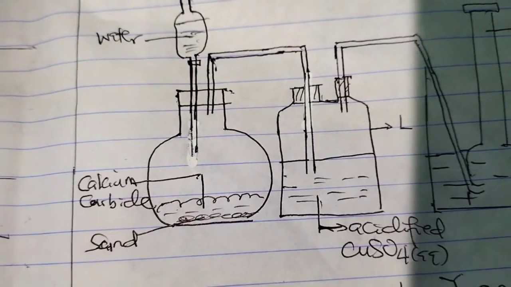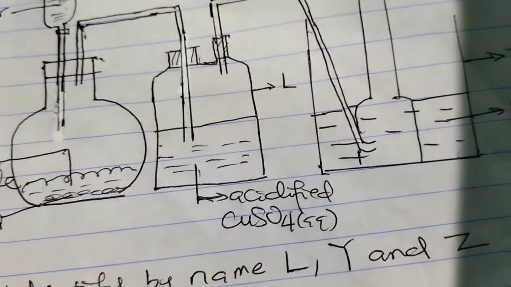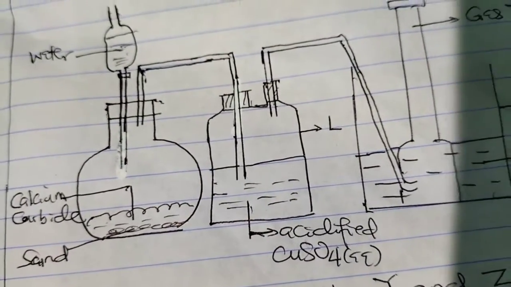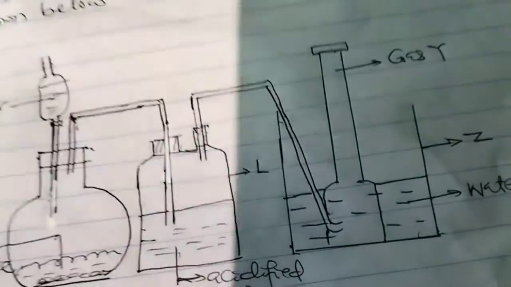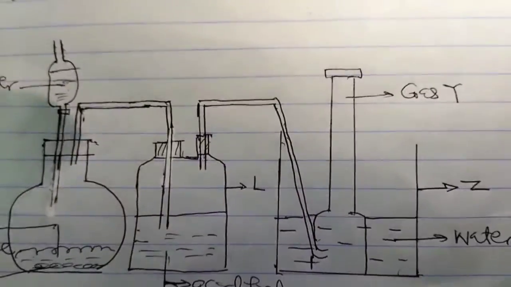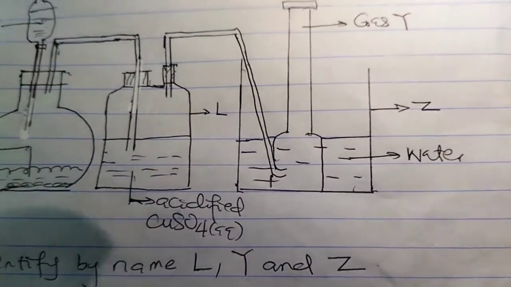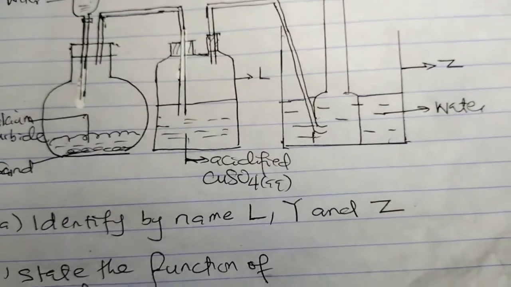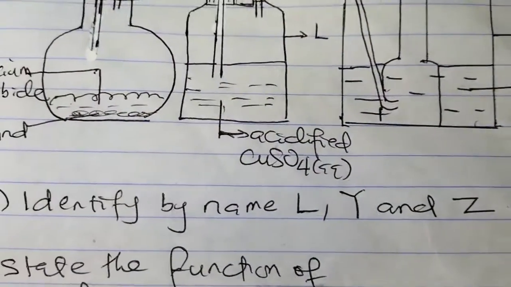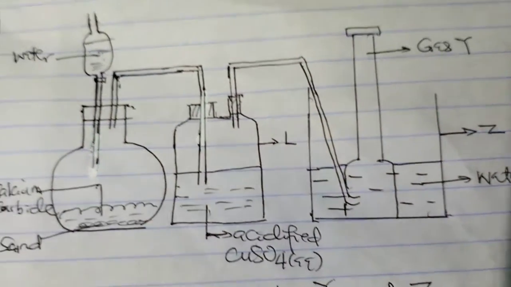We can see sand under the calcium carbide. We have another container labeled L that contains acidified copper sulfate aqueous. Then we can also see gas Y. You can also see another container labeled Z, and inside it is water. So the question says, identify by name L, Y, and Z.